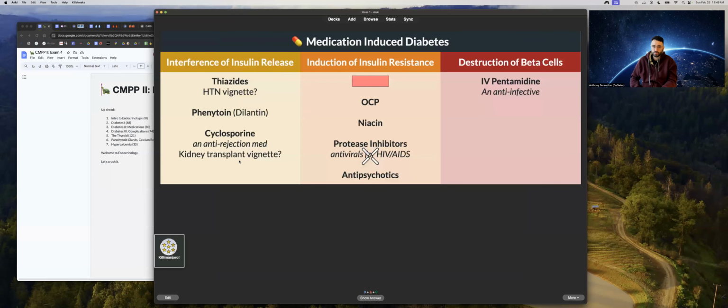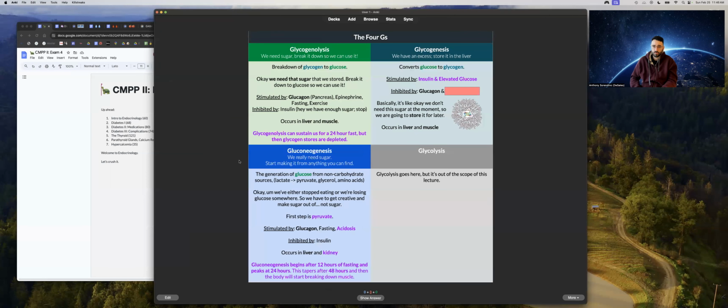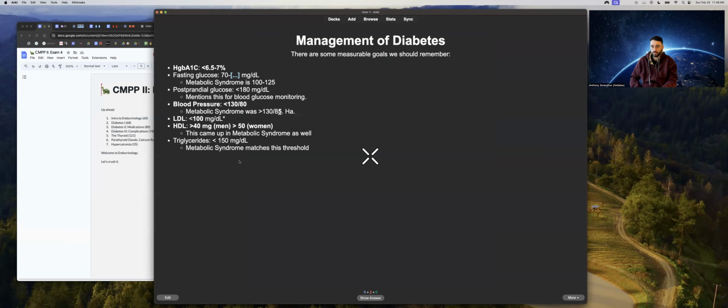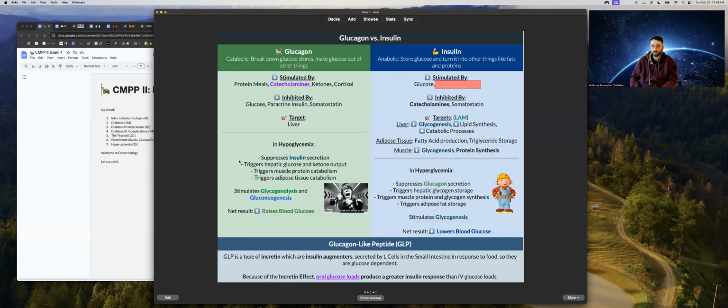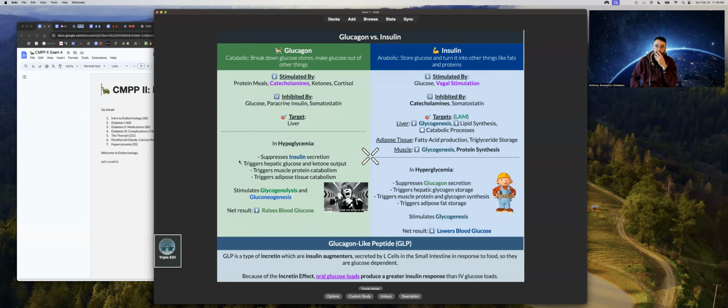Catecholamines. Steroids. Inhibited by glucagon and catecholamines, epi. Fasting glucose 70 to 130. Insulin is stimulated by glucose and what else? Vagal stimulation.